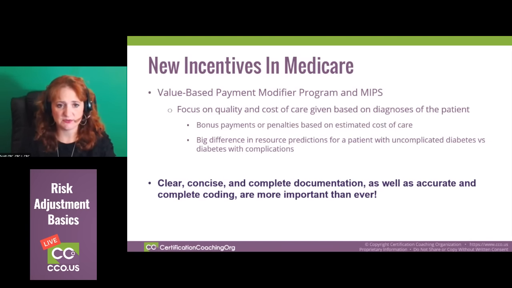Now, that's what we normally do with risk adjustment, but it's going to give penalties and bonuses to the provider, right? So a while back, they started an initiative with Medicare that, if we can get the patient to take preventative medicine steps and we make people healthier earlier, then it'll cost Medicare less to take care of them. So therefore, we want you to have your colonoscopy. We want you to have your mammogram.